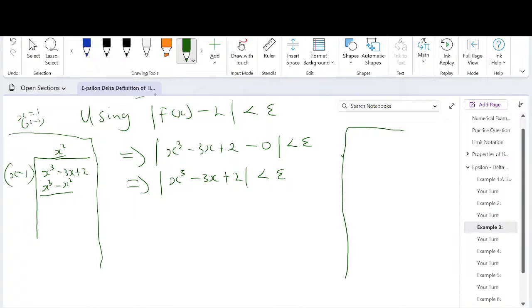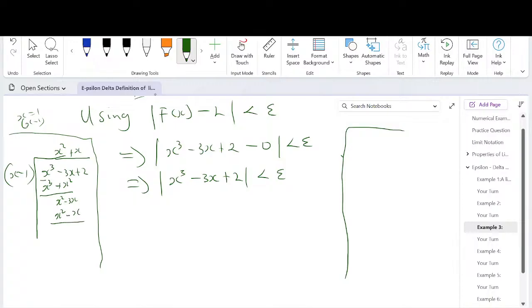If I subtract, this becomes minus and this becomes plus. So I'm left with x squared minus 3x. Then x squared divided by x, we get x. x multiplied by x gives x squared, and x multiplied by negative 1 gives negative x.